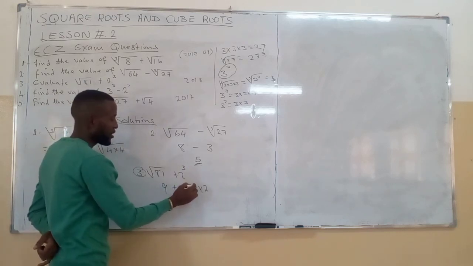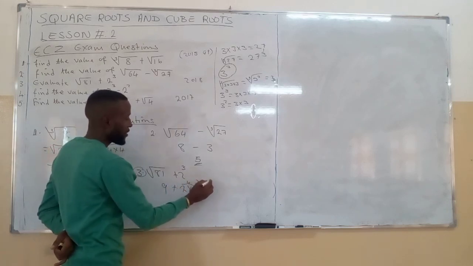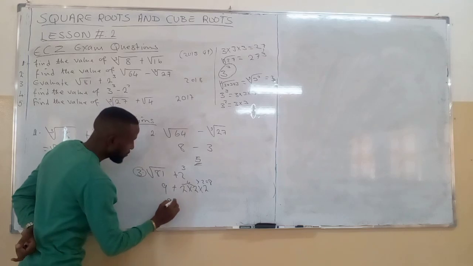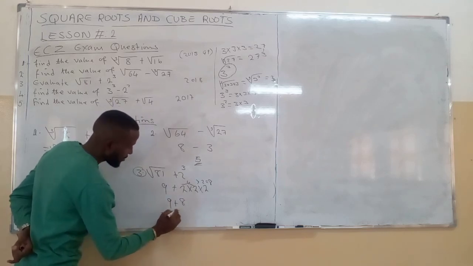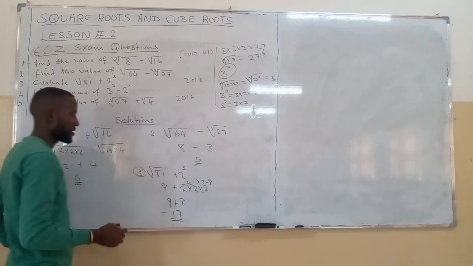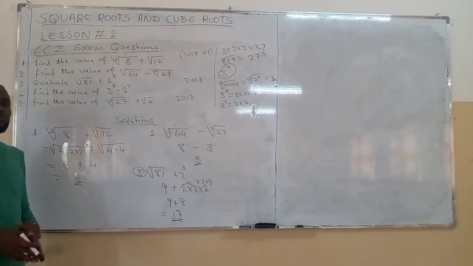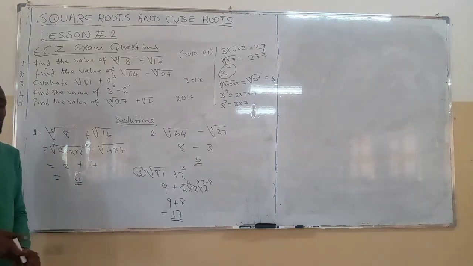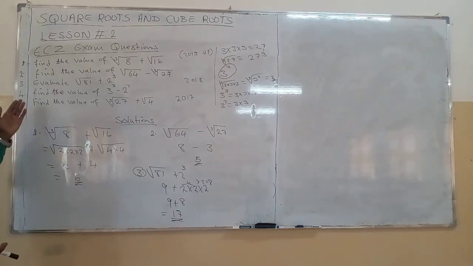So we have 9 plus 8. What will be my final answer? 17. Hence we are done. So that is how you work out this one. Very easy things. I don't expect any one of you to have problems on these questions, because these are questions where you get free marks.